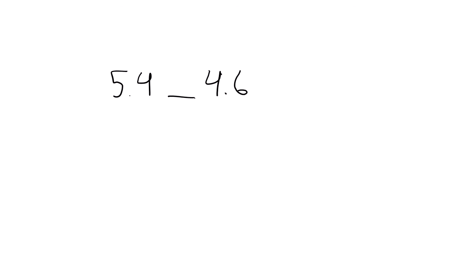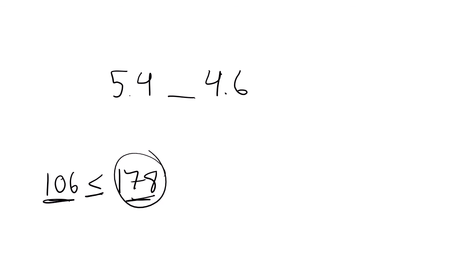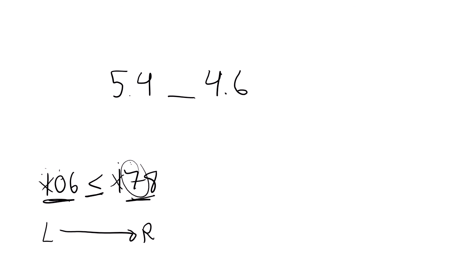So basically, if I took a 106 and I had a 178, how do I know which one is greater? Because you know that. You know this is greater than 106. You know this is a bigger number. Why? Well, you used a method that we're going to use. You looked from left to right on each of the numbers. You said, okay, the ones are equal, so it can't be the ones. This has a 0 and this has a 7. Oh, 7's bigger. This is a bigger number.